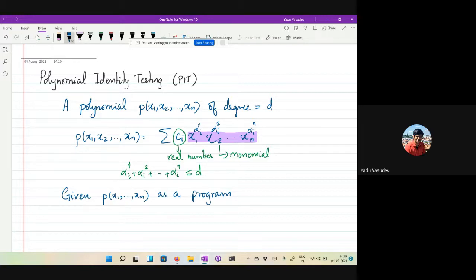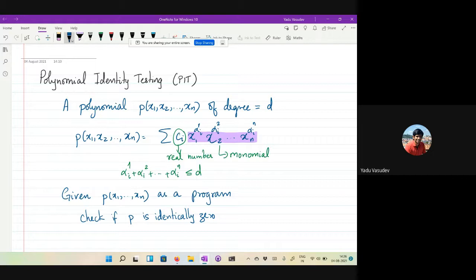You want to check if p is identically 0. Right? Whether indeed p evaluates to 0 on every point, which is also equivalent to saying that all the coefficients of the monomials, every monomial, the coefficient is 0, right?